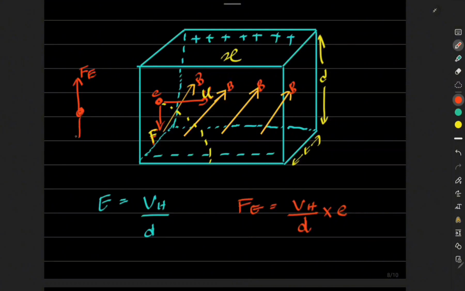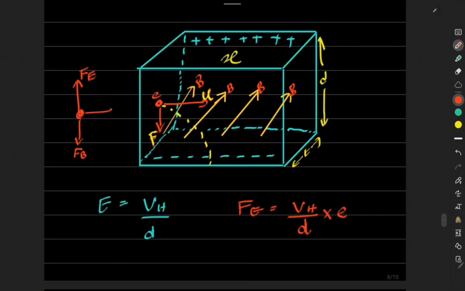This is FE, this is FB, the magnetic field, this is the velocity, and this is I, the current traveling direction.